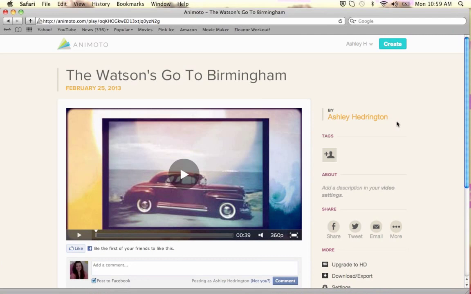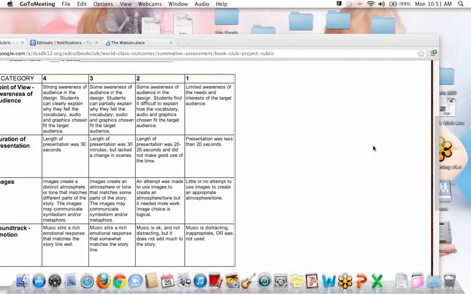Oh, sorry, Ashley. Let me unmute you. Go ahead, Ashley. I chose the pictures because they showed the story well. No, that's good. You thought that they retold the story well. Which pictures showed symbolism for you?